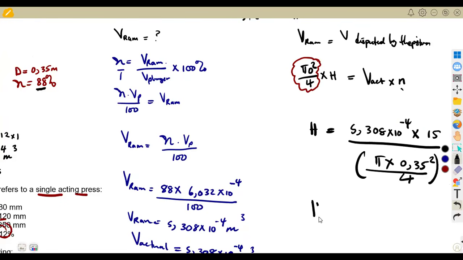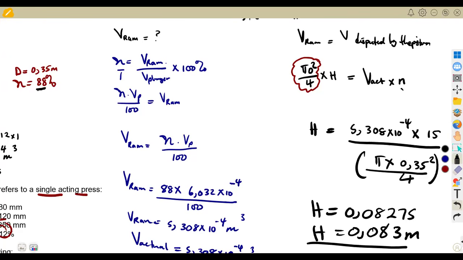So this is going to give us the distance moved by what? The distance moved by the ram, that's 0.08275, something like that, which we can just write as 0.083. All right, 0.083 in meters. That's our H, which is the distance moved by the ram.